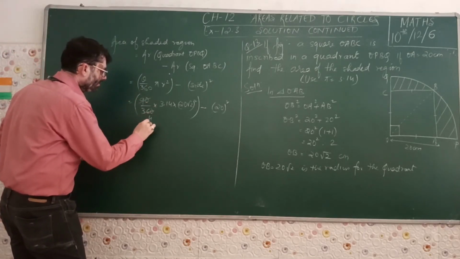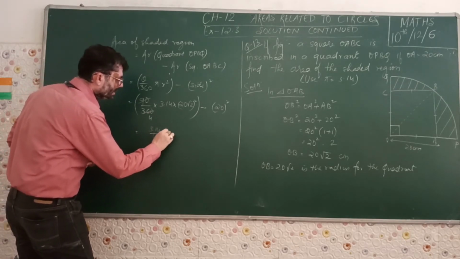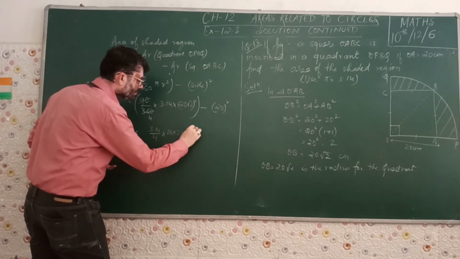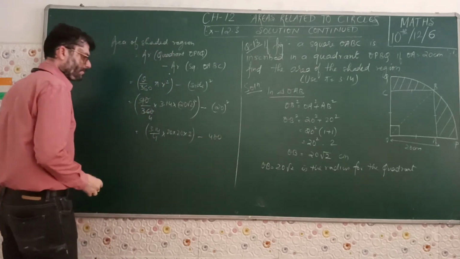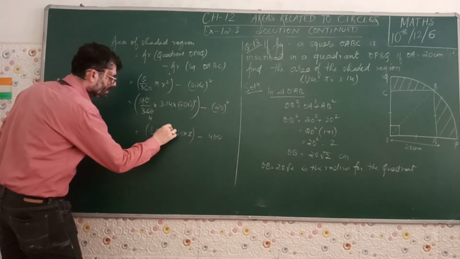This is 90 by 360, which is 1 by 4. So this is 3.14 by 4 into 20 into 20 into root 2 into root 2, which is 2, minus 400. Then the 2 and 4 cancel.